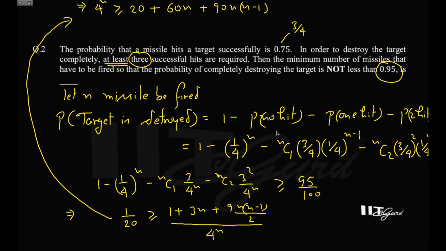Now you have to find the minimum value of n which satisfies this inequality.